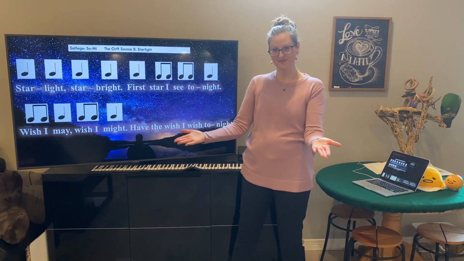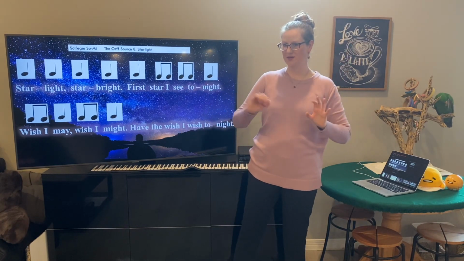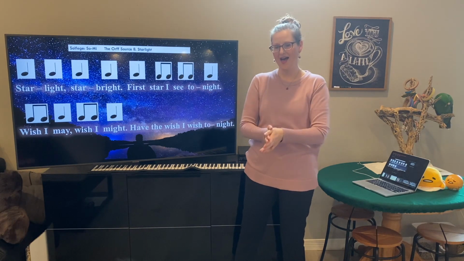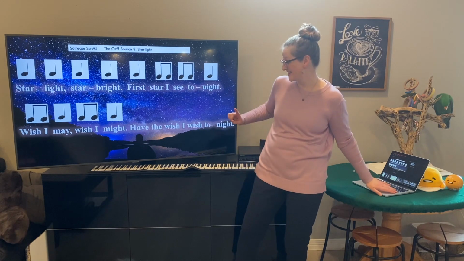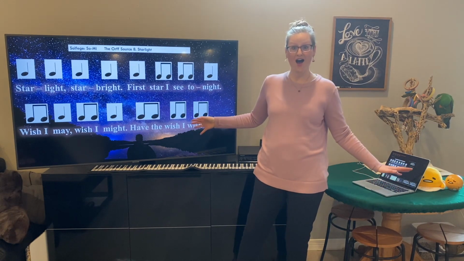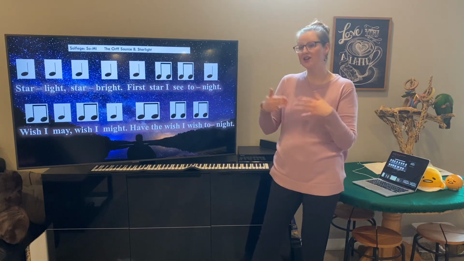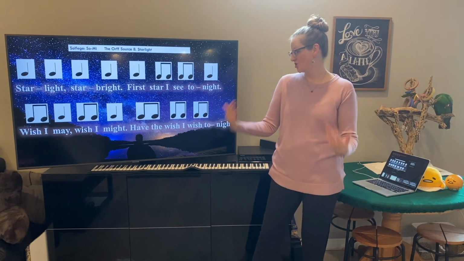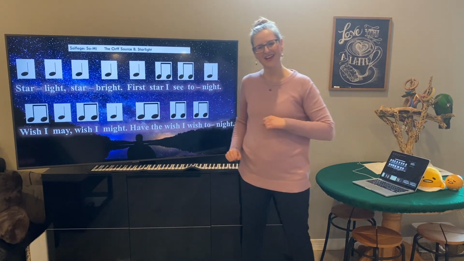Have the. Is it a quarter note or two beamed eighth notes? Have the. Well, if you guessed, have the, wish I, wish to. These are all eighth notes. Let's try it together.